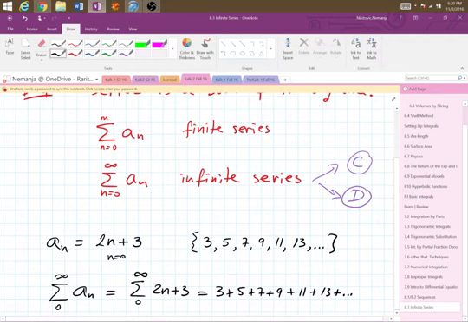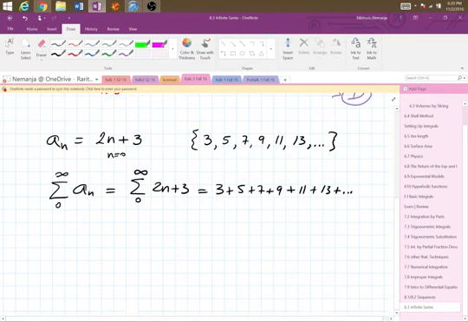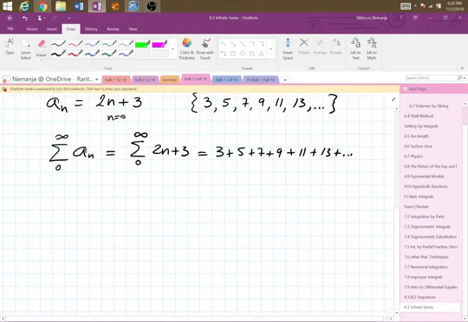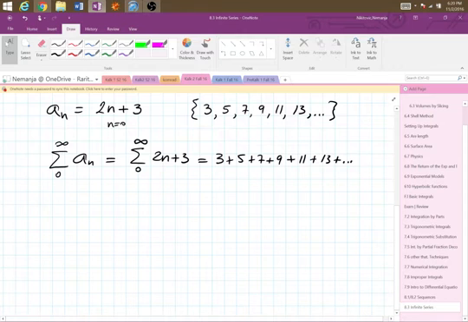It shouldn't take too much brain power to figure out that this will actually add to infinity and that this will diverge. But how do we actually show that? Well, we study the sequence of partial sums.